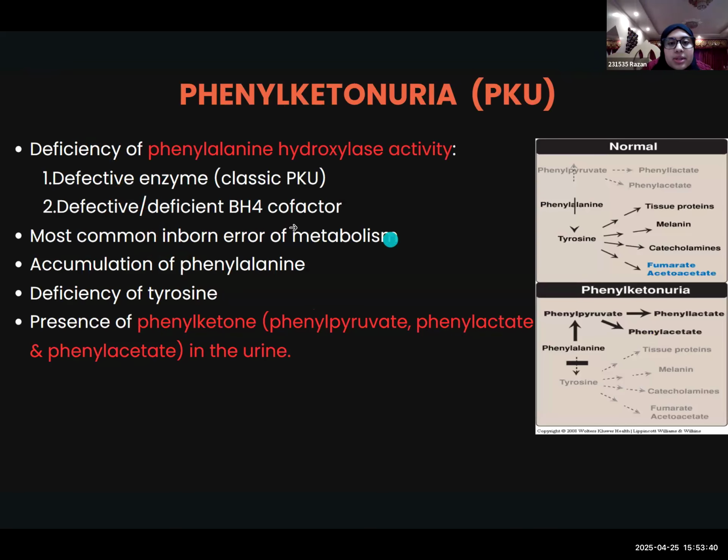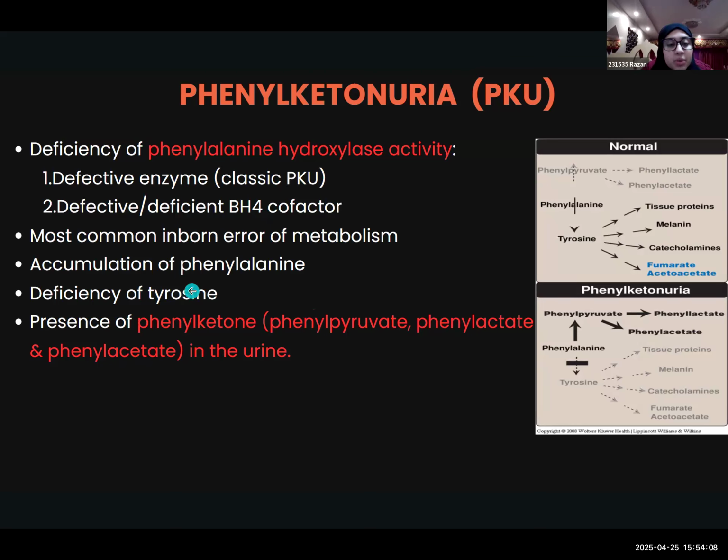So here we go, the first disorder, phenylketonuria. It's a deficiency in the enzyme phenylalanine hydroxylase. Either the enzyme itself is deficient, or we don't have the cofactor, which is BH4. Let's say this enzyme is not there. Then phenylalanine would accumulate, and that accumulation would lead to deficiency in tyrosine.